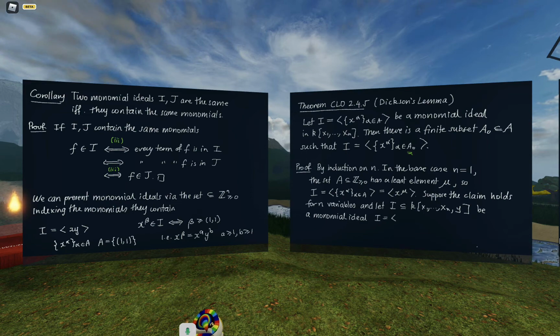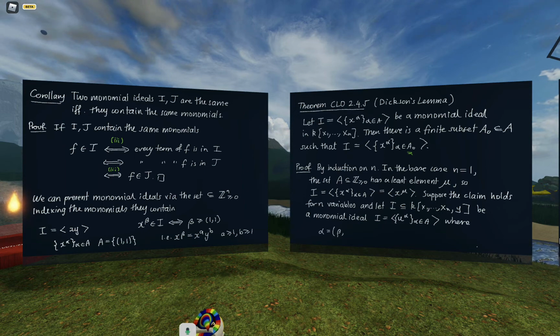I'm not going to call them x to the alpha because that would be confusing since only some of the variables are denoted with x's. So I'm going to write u to the alpha for the monomials. The notation I'm going to adopt is to write alpha as something like beta, m.